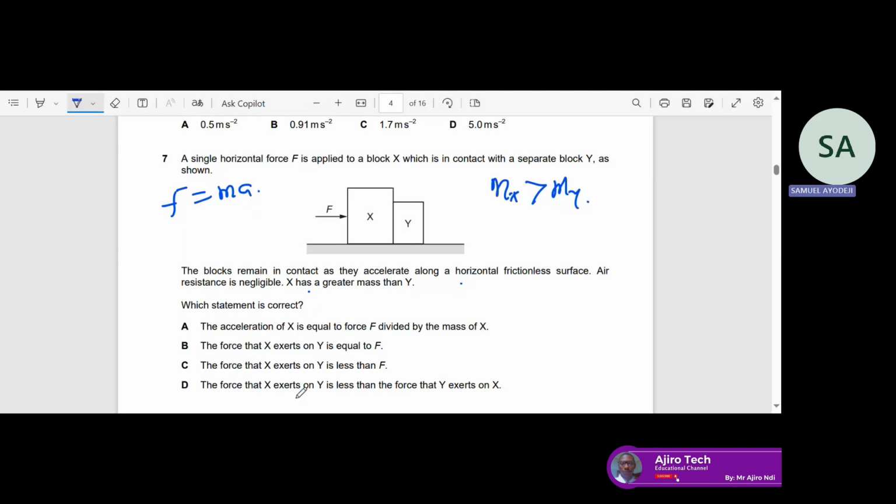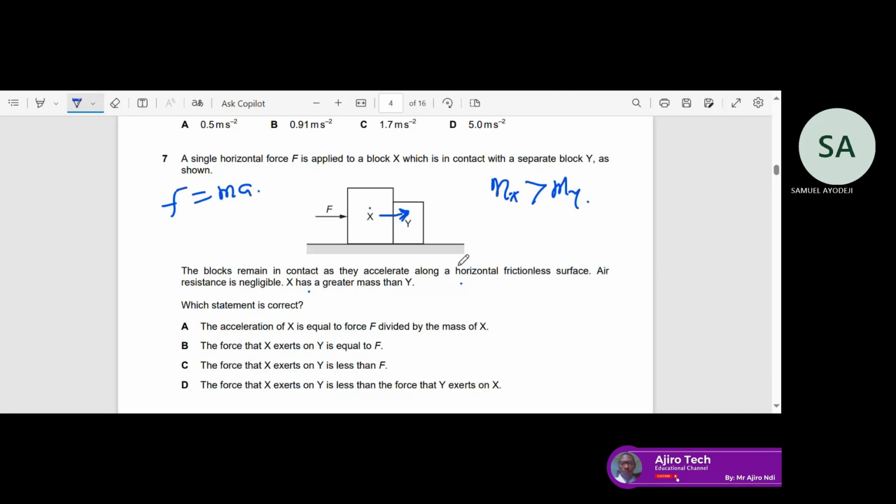No, I'm coming at the force that Y experiences is less than F. Okay, this F is acting on X. X will now exert another force on Y. So what can we say about the force that Y experiences? Is it greater than the one that X experiences?